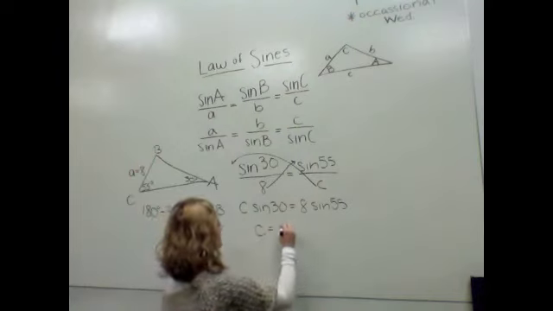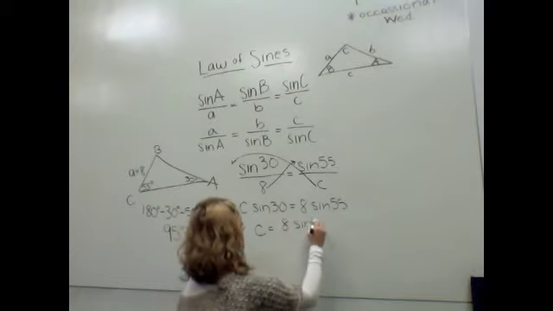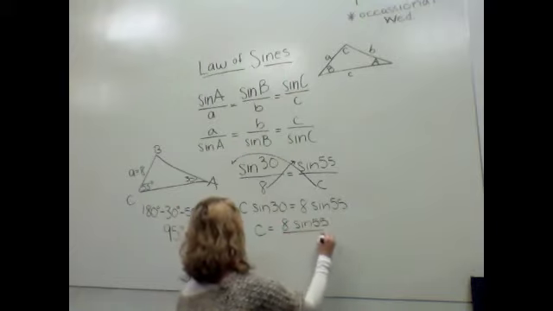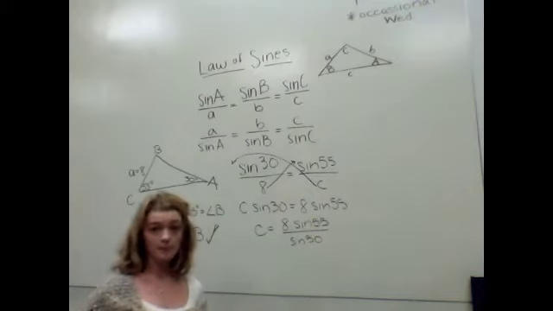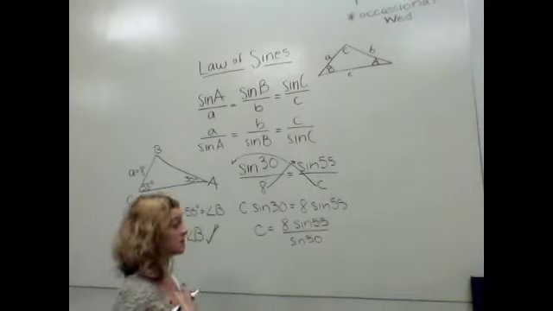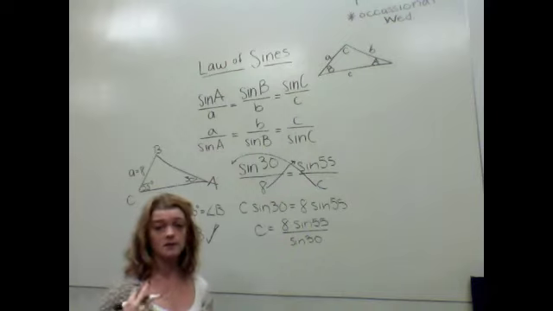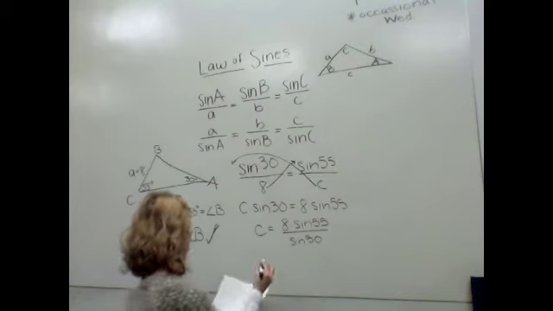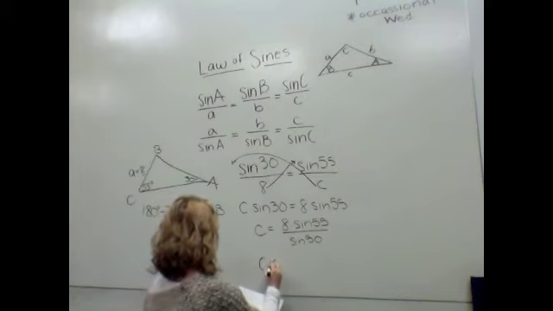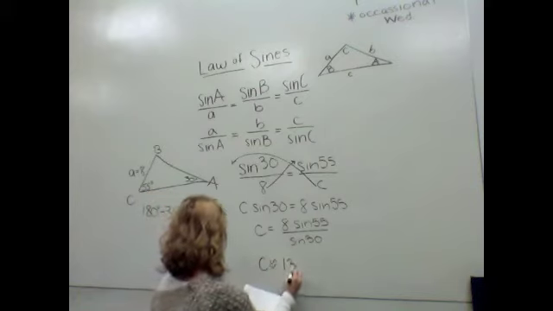So C is equal to 8 times sine of 55, all divided by sine of 30. Now again, it's very important that you have your calculator in degree mode, because if you don't, it's going to completely mess up all your ratios. After you've typed in all this information, you get that C is approximately 13.1.